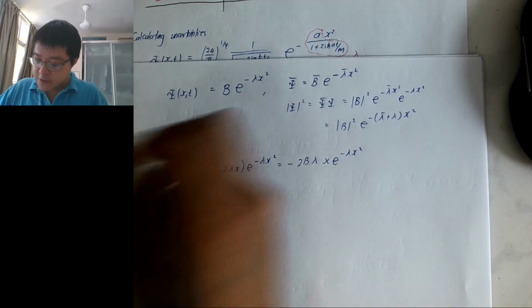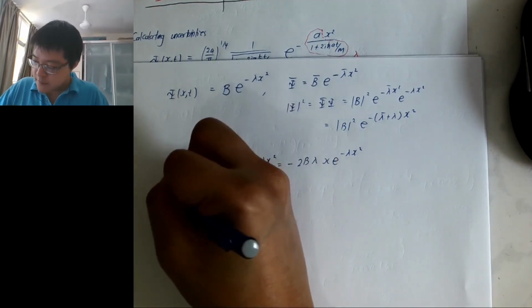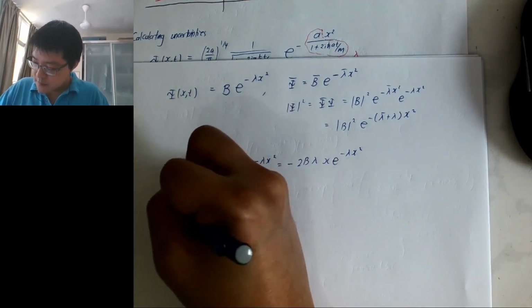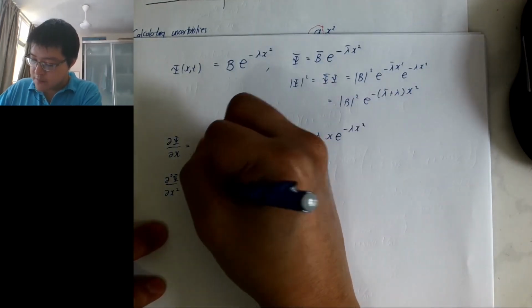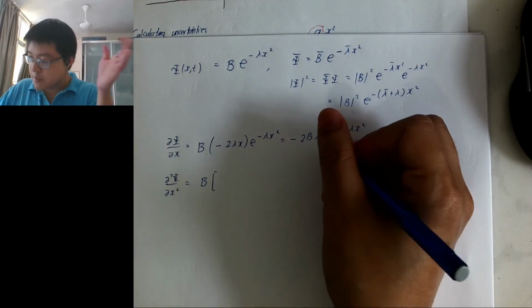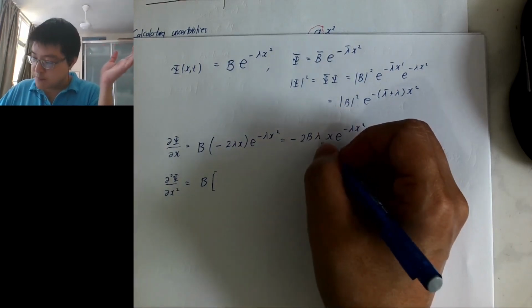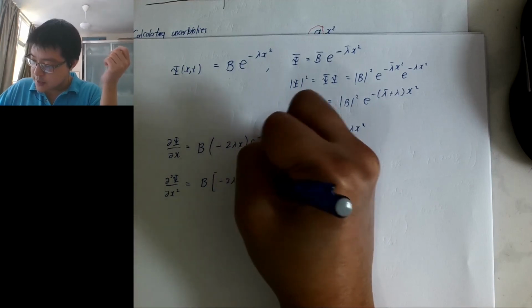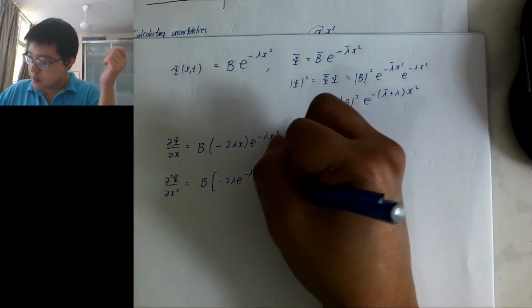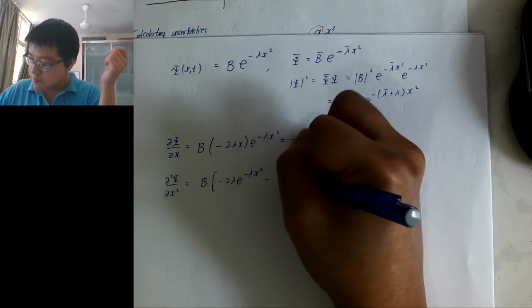And then if I do the second derivative, I get a b here, and then the product rule. So the b, I get minus 2 lambda e to the minus lambda x squared, and then minus 2 lambda x.